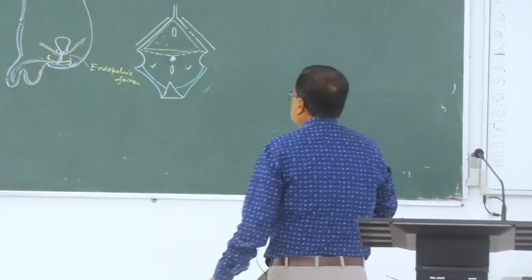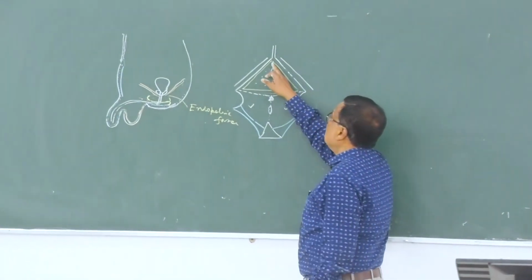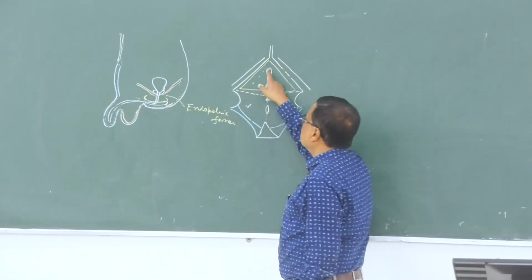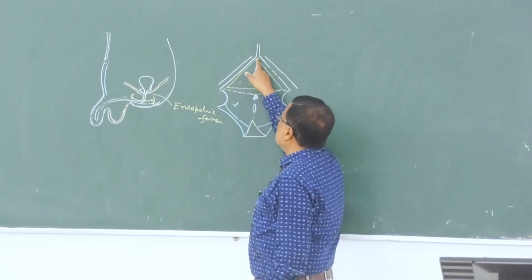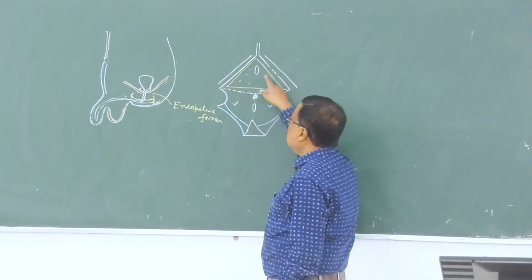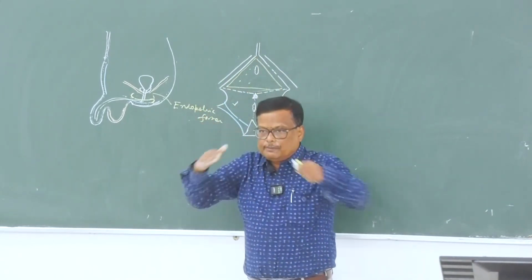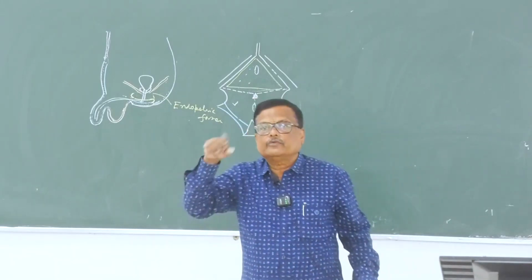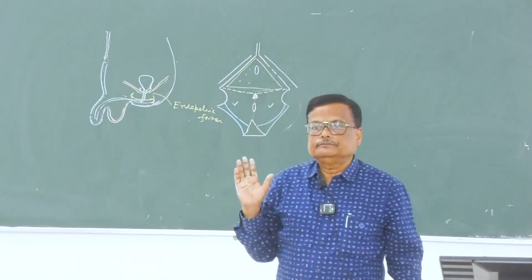So if we look at this anterior boundary, the superficial perineal space is obviously truncated, triangular.